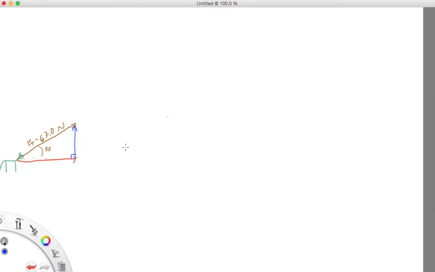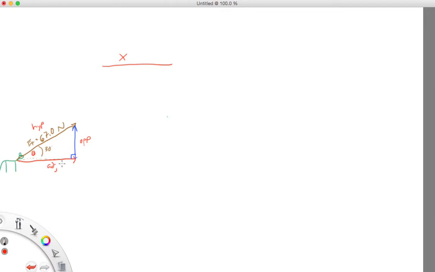So let's look at the X component first. To find X from this angle right here, call that theta. This is the adjacent, and this is the opposite side. And this, of course, is the hypotenuse.